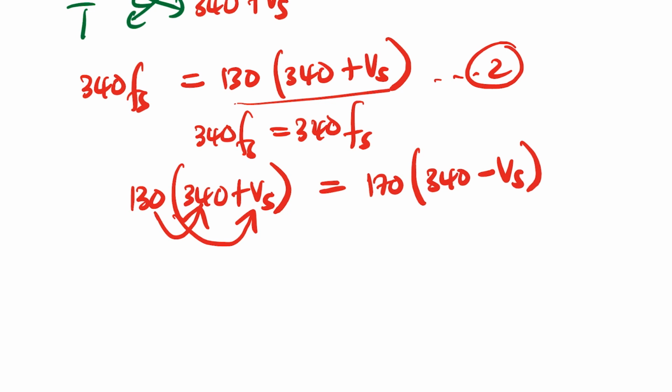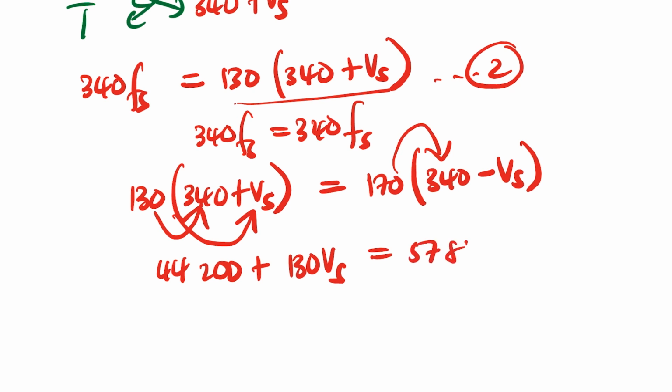On my calculator, quickly, 130 times 340 is 44,200, plus 130 Vs, equal to 170 times 340, which is 57,800, minus 170 Vs. Then we group.